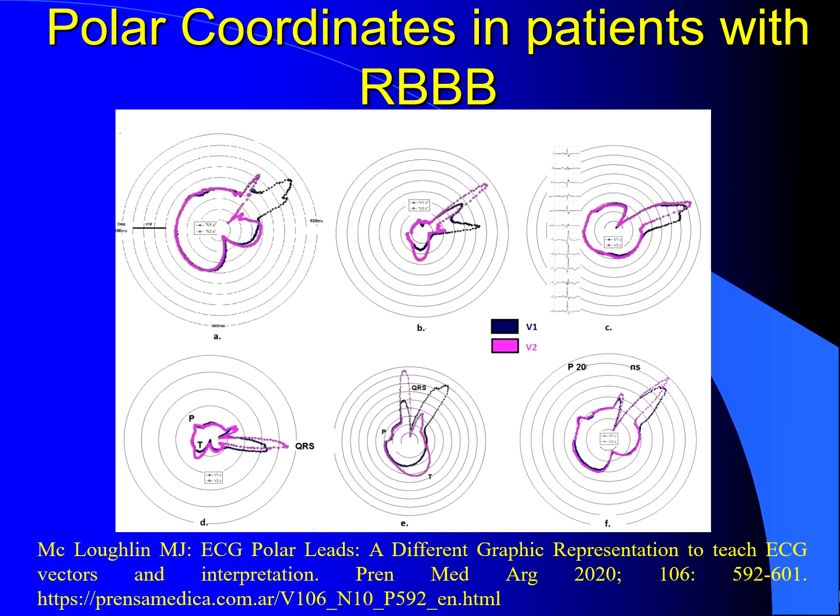Polar coordinates in patients with RBBB. In patients with complete RBBB pattern, the comparison between pool V2 and pool V1 shows that V1 pool R wave is delayed in relation with V2 R wave.